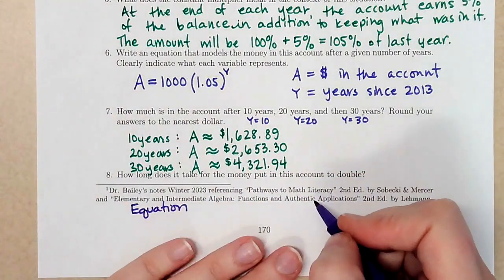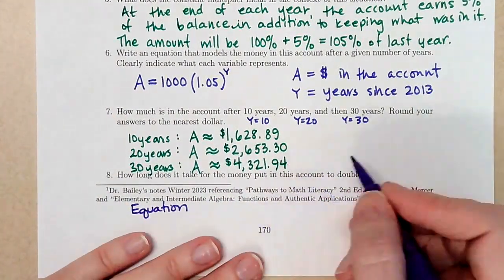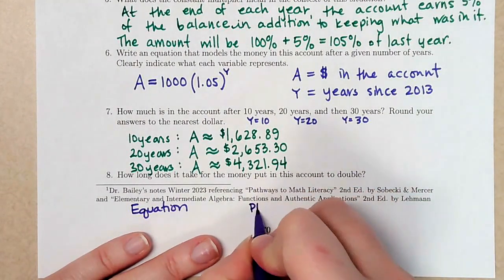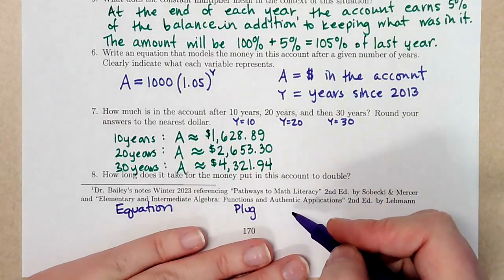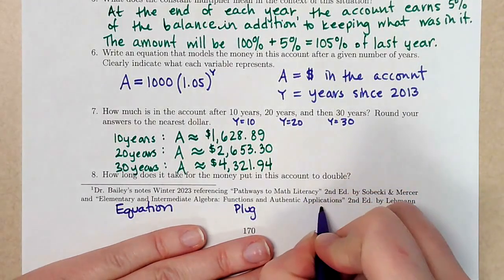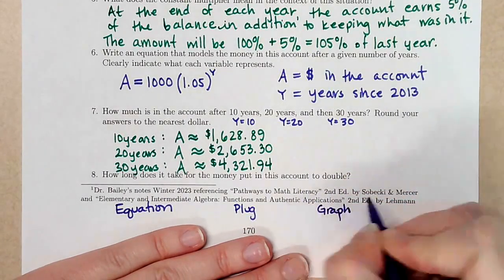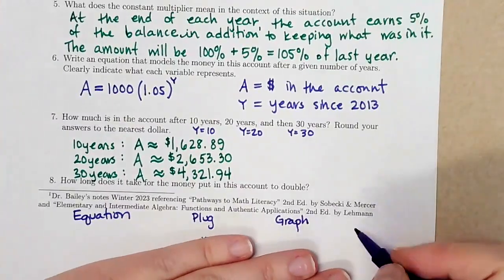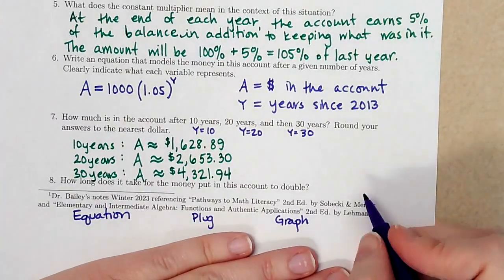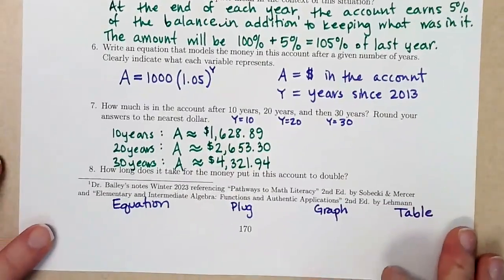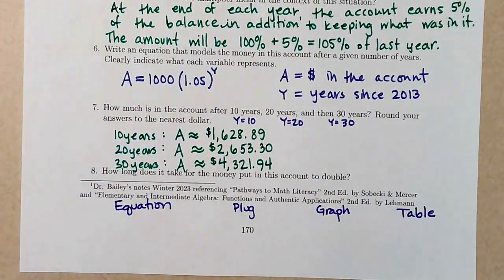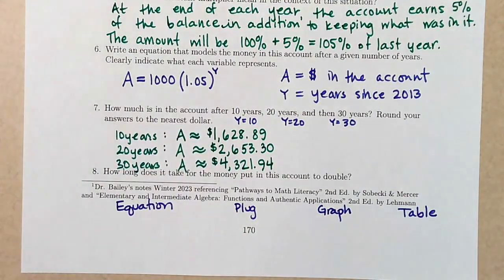We could plug in, guess and check, I call that. We could use the graph. I said a couple, but really I meant 4. And we could also use the table. I've had students use the table quite a bit. All of this kind of depends on having this model equation.